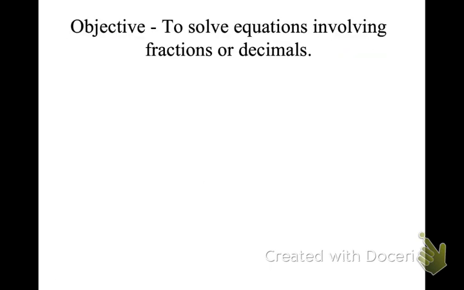All right. So when we have a fraction like this, first thing we have to do is look for a common denominator. We want to multiply this by a number that both denominators will divide into.